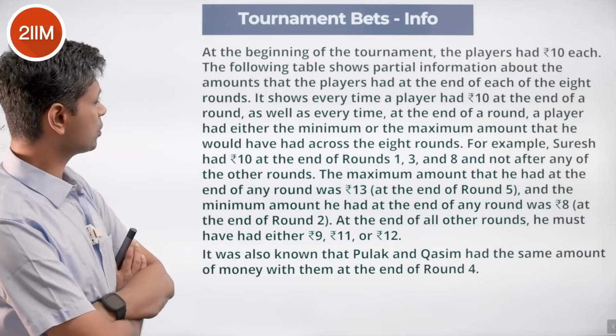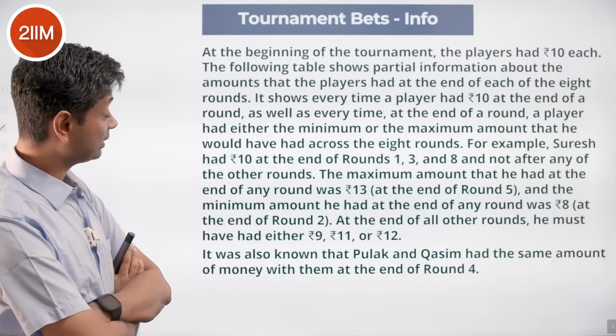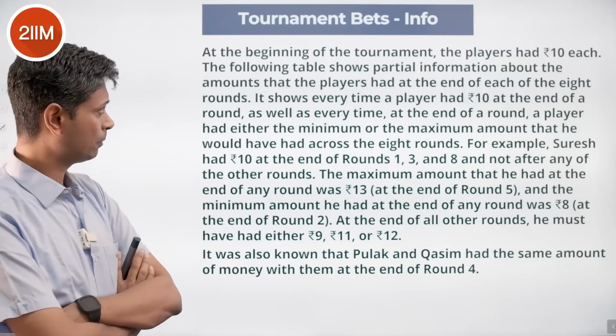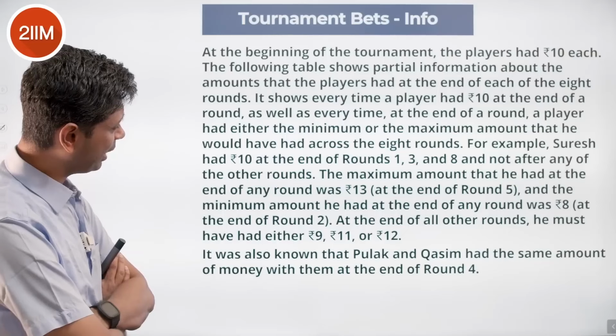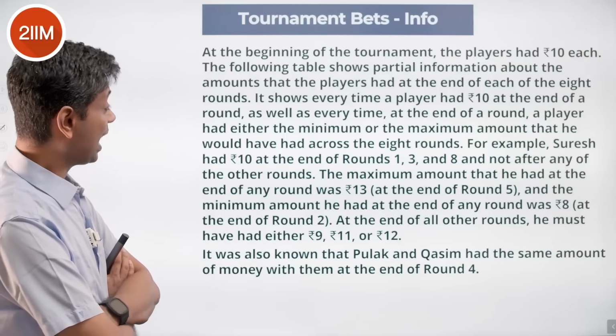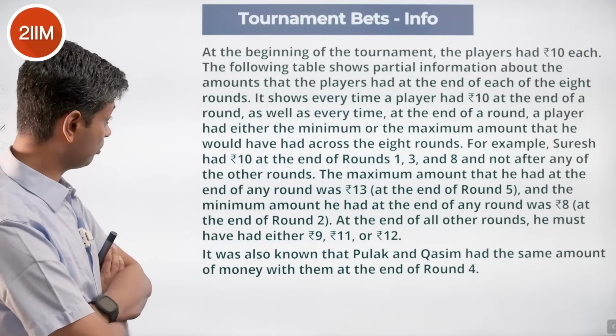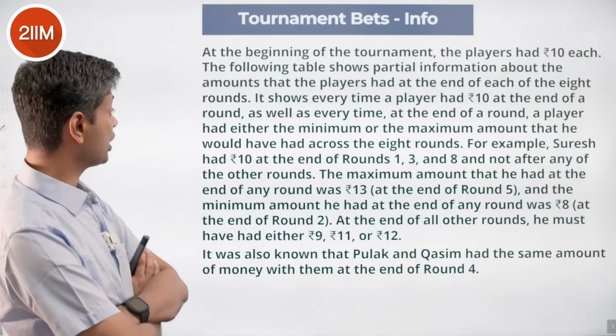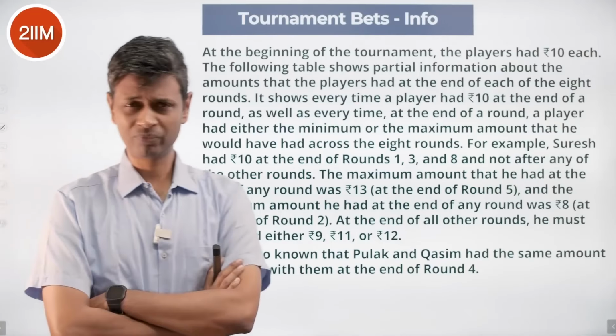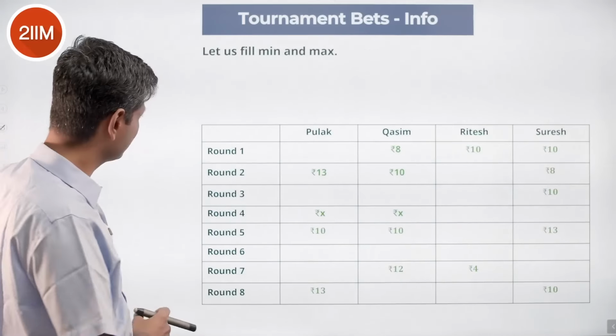The following table shows partial information about the amount that the players had at the end of the 8 rounds, at the end of each of the 8 rounds. Right? It shows every time a player had rupees 10 at the end of a round, as well as every time at the end of a round, a player had either the minimum or the maximum amount that he would have had across the 8 rounds. Right? Let's look at this table.